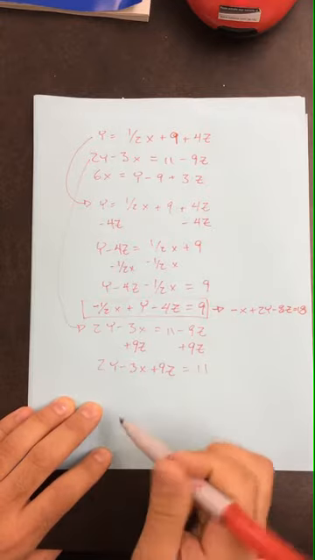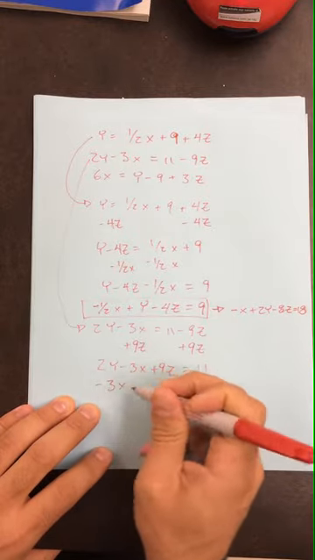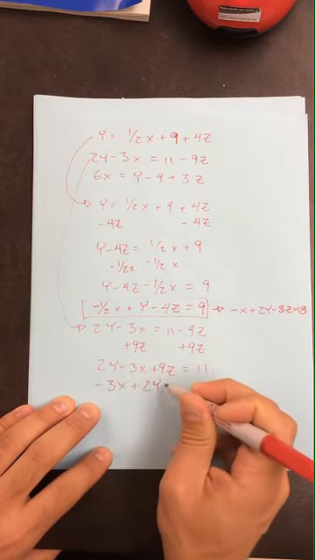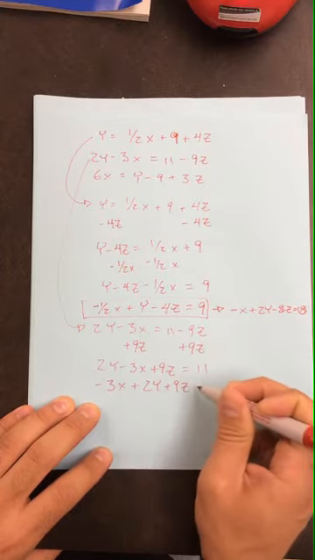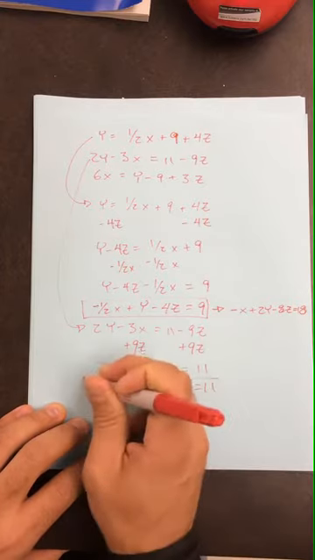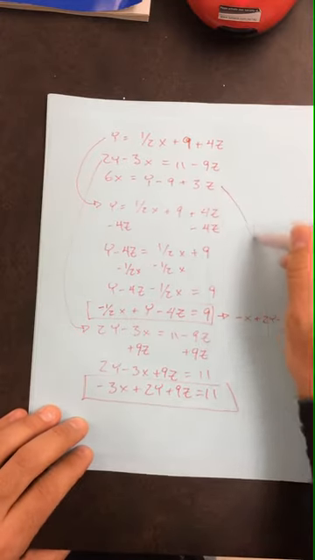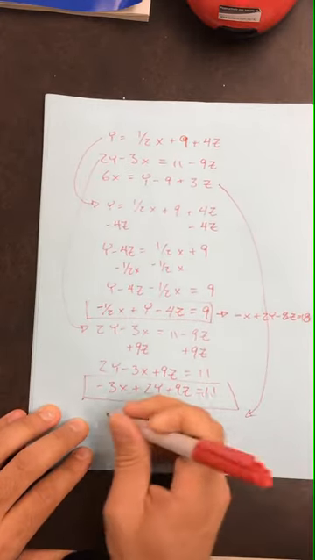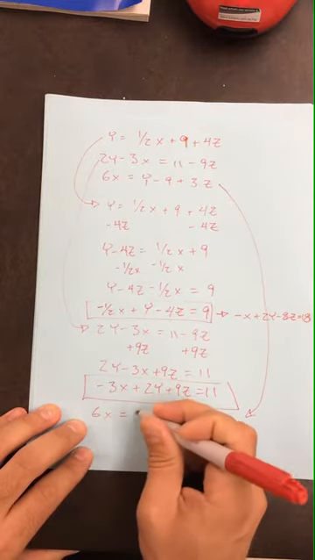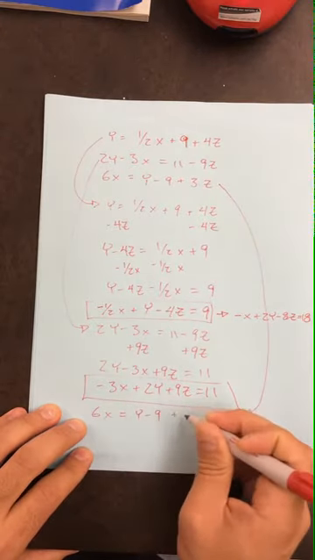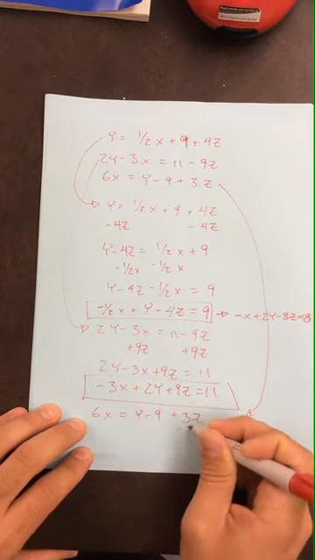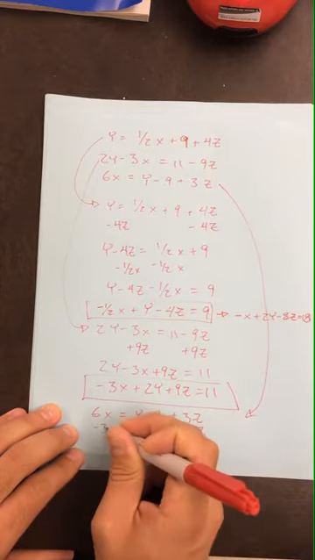This is not in the right form, so I'm going to change it to be in the right form. And now it's in the right form, so I'm going to put a box around it to make sure I don't lose it. I'm going to bring down the third equation. I'm going to subtract 3z from each side.